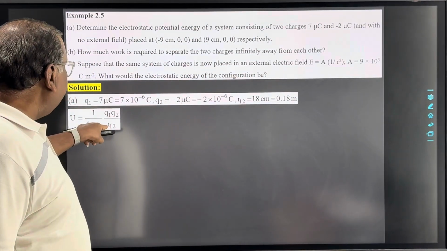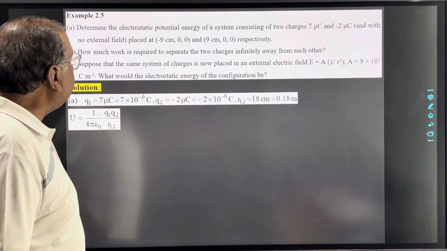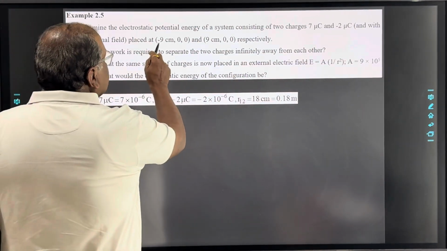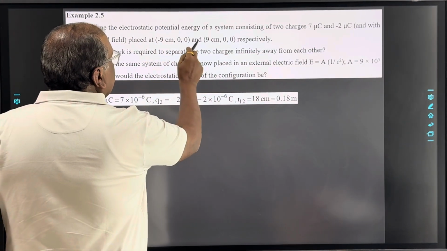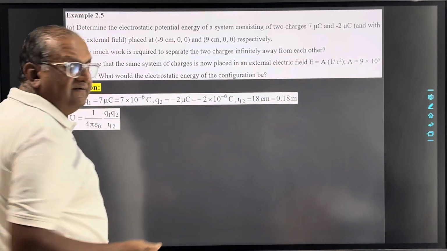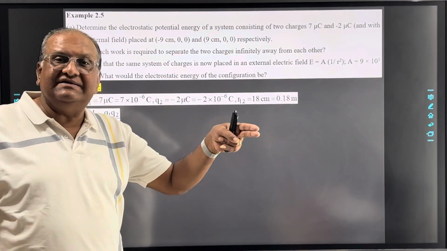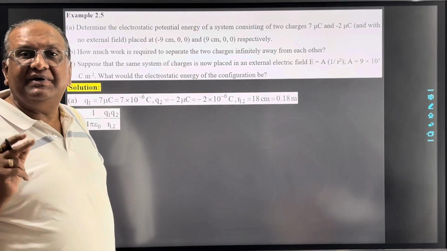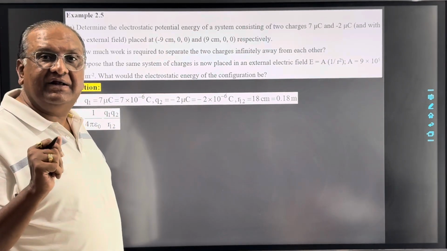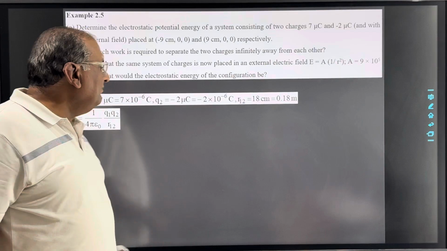Now, distance between those two charges R12. So, one charge is at minus 9 centimeter and another one is at plus 9 centimeter. It implies that the distance between those two charges, that is 9 plus 9, that is 18 centimeter. So, that is 0.18 meter.